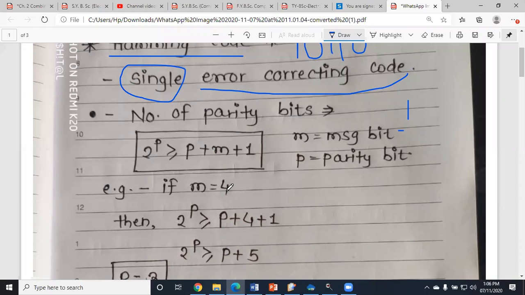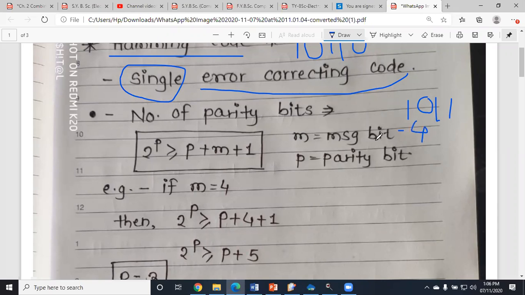Now, in this case, we will consider a simple example which has 1011. This is your message. You want to transmit this message, right? What is the message? 1011. How many bits does the message contain? 4.